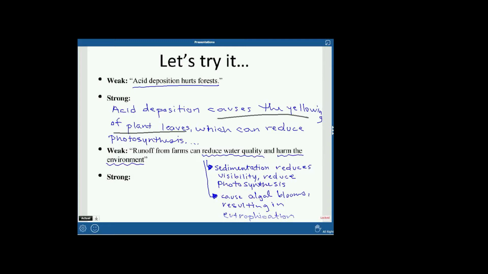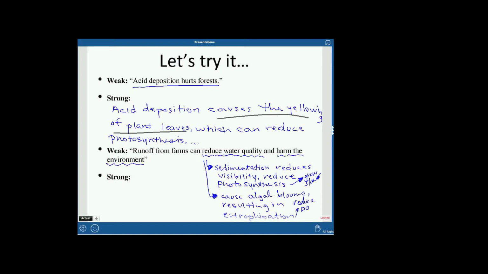And then if you want to talk about how they harm the environment, the reduction in photosynthesis would make plants grow slower or not at all. And then eutrophication could reduce dissolved oxygen, which could then cause some problems for animals trying to live in that waterway, right?